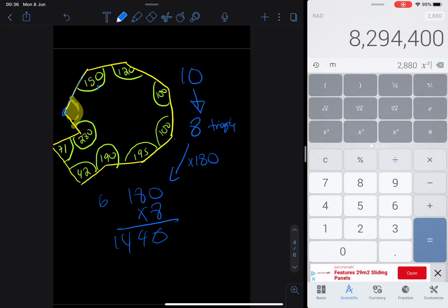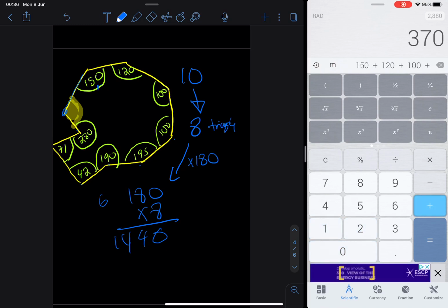Now, let me add up the angles that I've already got. Starting from here, I'm going to work my way around. So 150 plus 120 plus 100 plus 100 plus 195 plus 190 plus 42 plus 71 plus 280, which adds up to 1248.